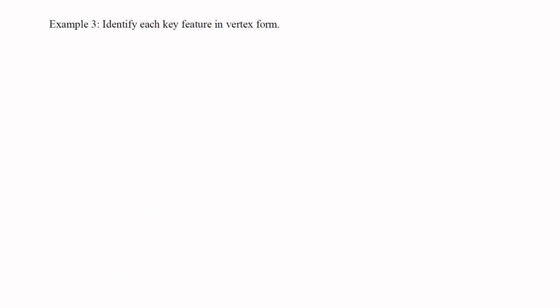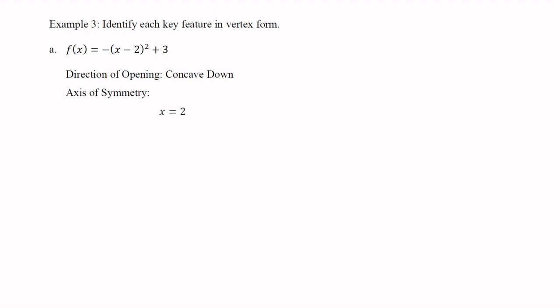So let's identify each key feature in vertex form. For this one, the direction of the opening is concave down because we're leading with a negative. The vertex is your h and k. So h is 2, k is 3. So we have 2, 3 for your vertex. The axis of symmetry is the x value, which is 2.